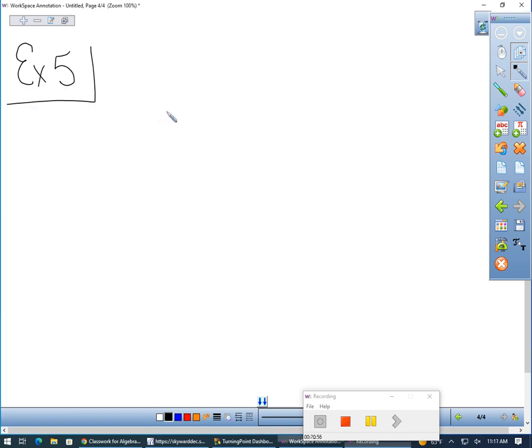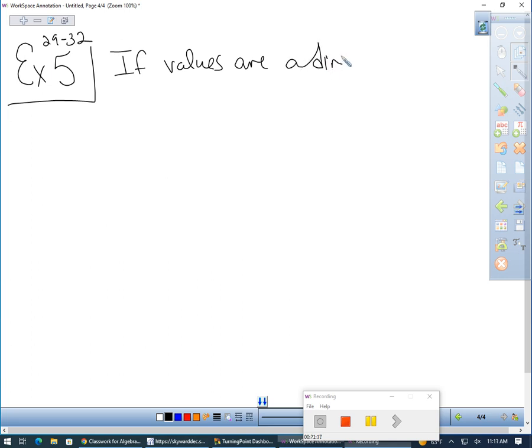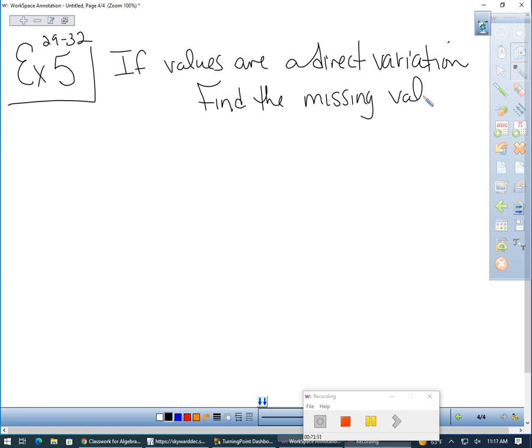Example number 5 is going to be your 29 through 32. It says, if values are a direct variation, find the missing value.